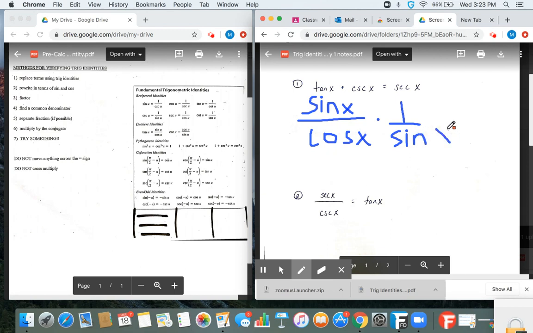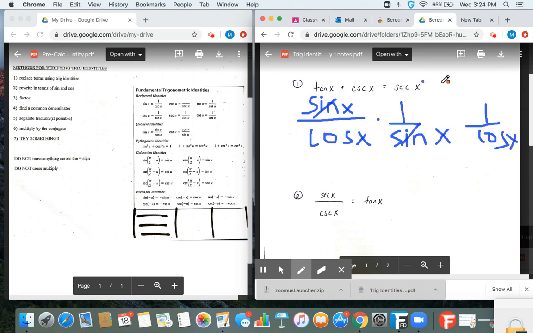All right, so I've rewritten in terms of sine and cosine. Now take a look at what you have here. We have to somehow make this equal secant, and there's not a lot of steps here. Once we rewrite, what do we notice we can do to simplify? We can cross these out, and what we're left with is 1 over the cosine of x, which is another way of saying secant.